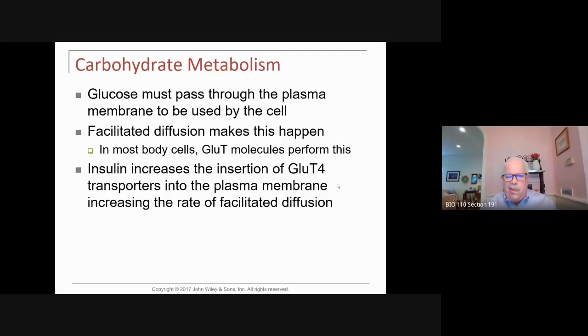Facilitated diffusion means that you need a carrier to bring it in, and that carrier is insulin. Without insulin, glucose will not get into a cell, and you'll have a disease called diabetes mellitus. That means your sugar in your plasma, because it can't get into the cell, will be extremely high. And there are many consequences of that disease, which we'll talk about in the endocrine system.